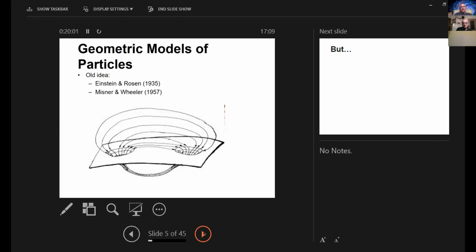And then Misner and Wheeler were doing something similar. Again, this is just another way of depicting the same thing. Two wormhole mouths, each of which looks like a particle. And what they've done with this is thread it with flux. So you can have electric or magnetic flux going through here and out the other one, and there is no source for this flux.